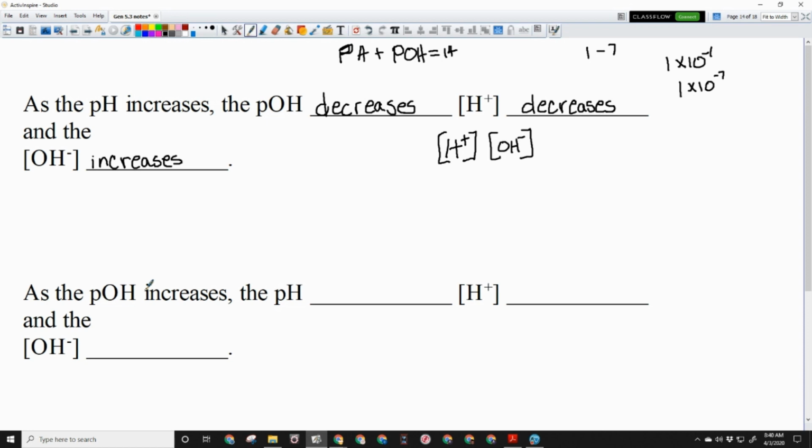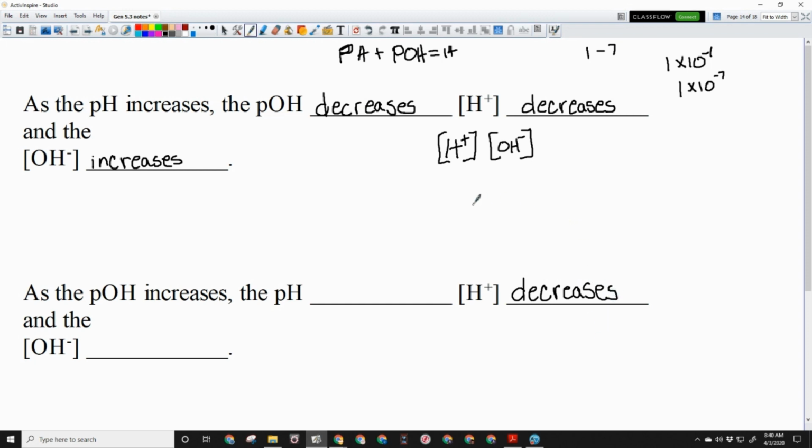Okay, and as the pOH increases, this is another statement. So let's think about this. As this one increases, the hydrogen ion, we're going to skip this blank right here. So as this one increases, this one is going to decrease, because remember, I just said they're in a balance with each other.